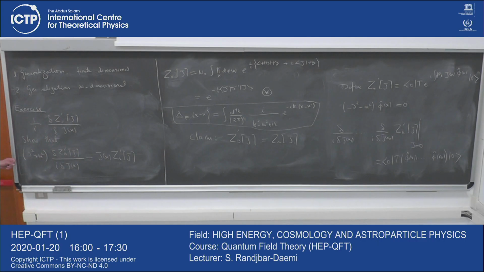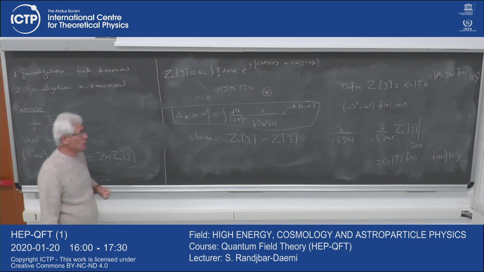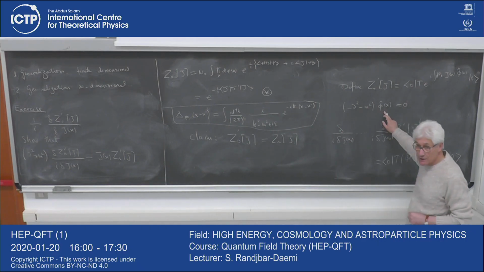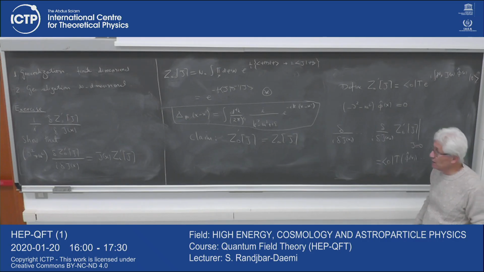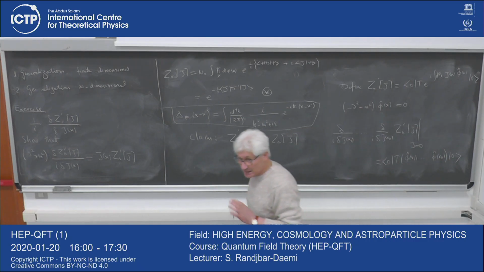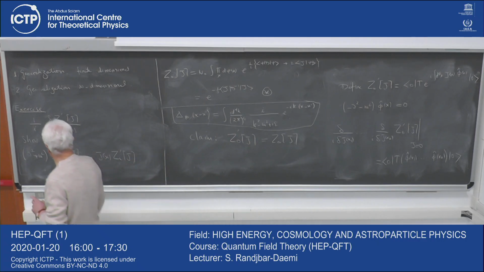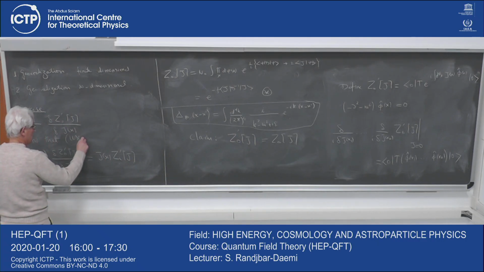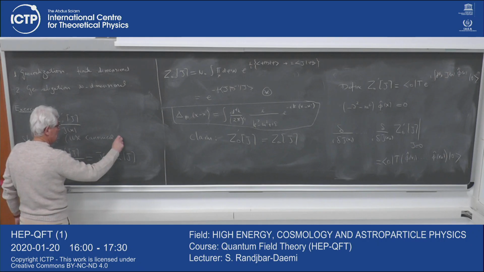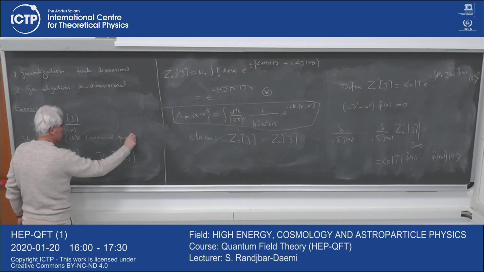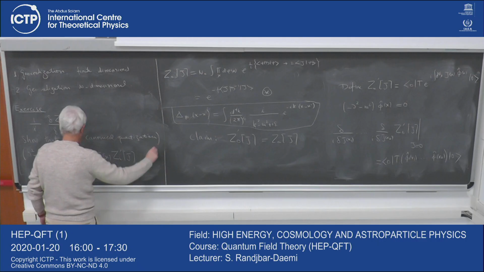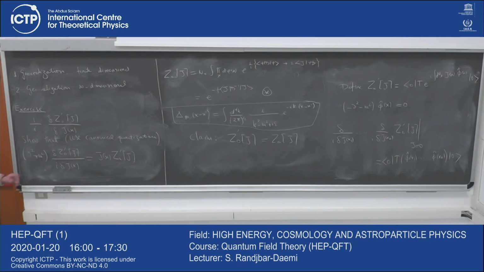You have to prove this using the fact that this is a quantum field and its quantization requires equal time commutation relations. So you have to use canonical quantization of phi hat in order to prove it. That's the exercise. The exercise is asking you to use canonical quantization to show that this is true.